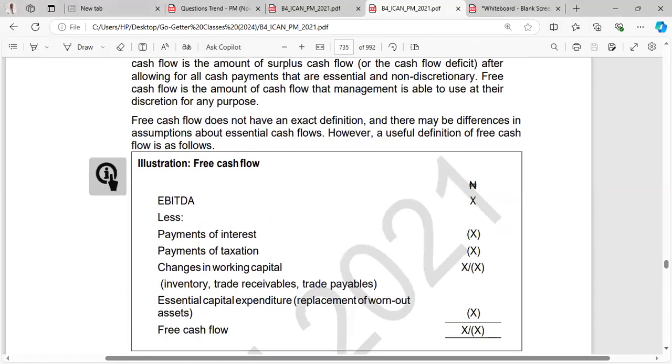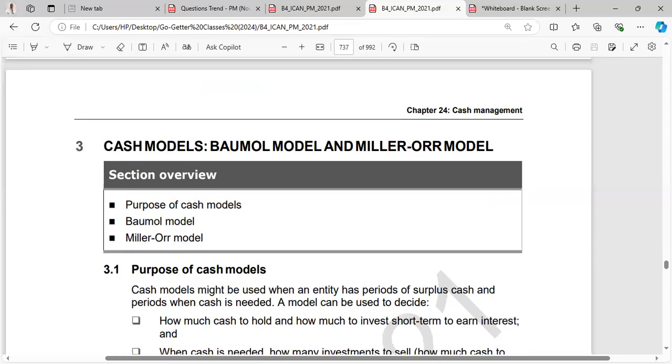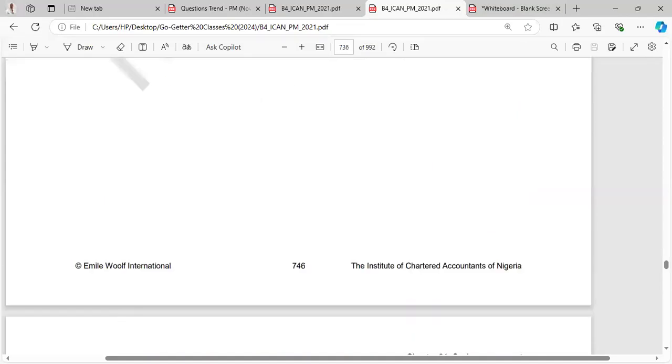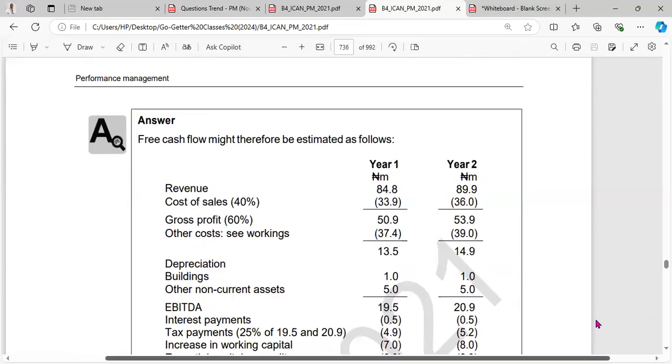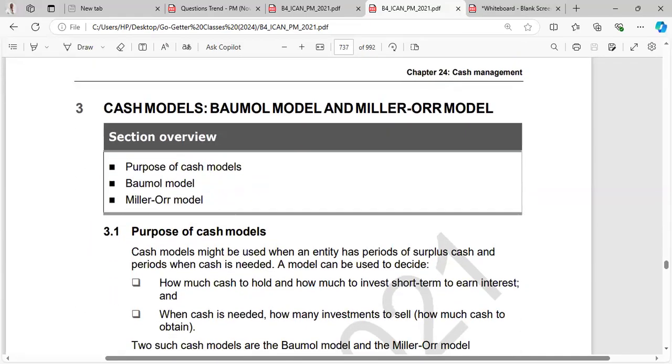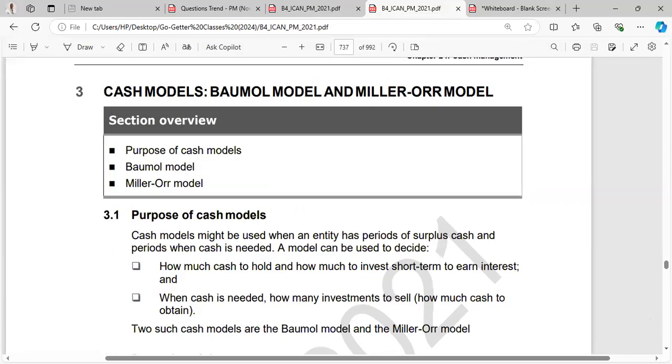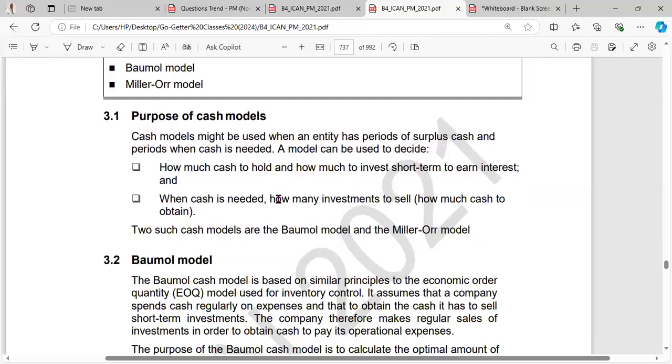So we're going to skip certain things here, go straight to what we call the Baumol model. Now, what is the Baumol model and the Miller-Orr model? The purpose of cash models: cash models might be used when an entity has periods of cash surplus and periods of cash deficit.